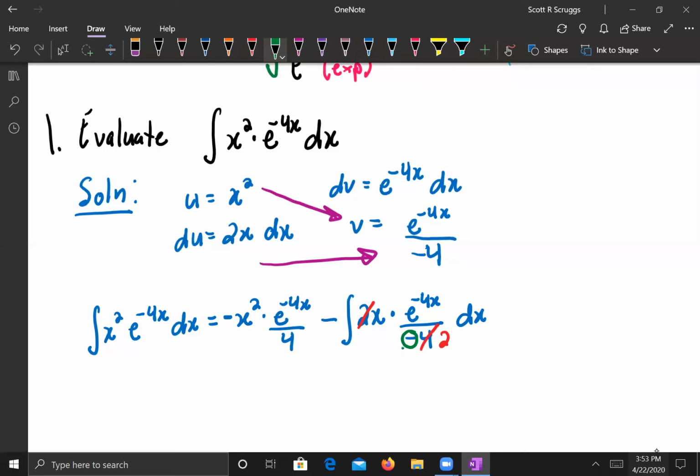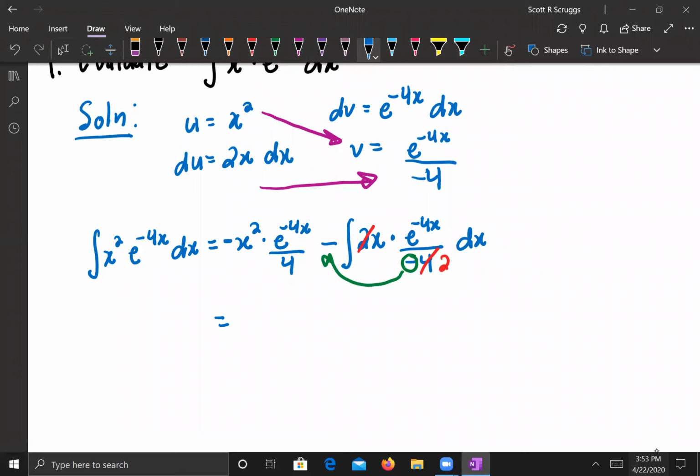So when I use my property of integrals that says a linear constant comes out, that's going to change from a negative sign to a plus sign, which means I now have minus x squared times e to the negative 4x over 4 plus, since 1/2 is a constant inside of the integral, my property of integrals lets me take that 1/2 outside, and I'm just left with taking the integral of x times e to the negative 4x dx.